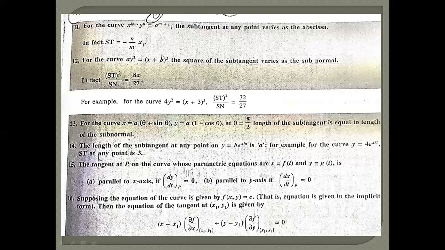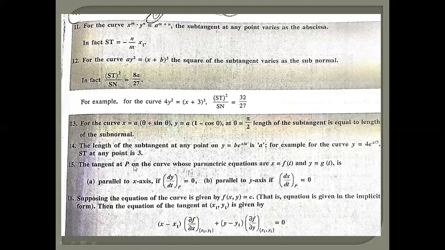Next, 15th one, the tangent at P on the curve whose parametric equations are x is equal to f of t and y is equal to g of t is parallel to x-axis if dy by dt at the given point is equal to 0.